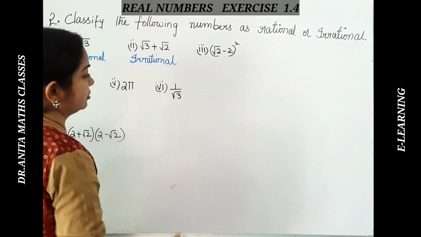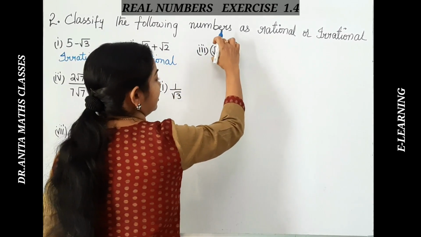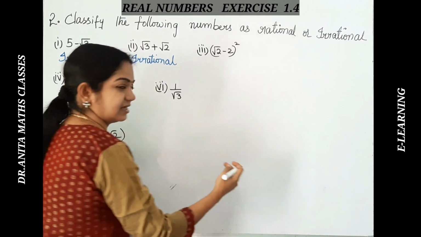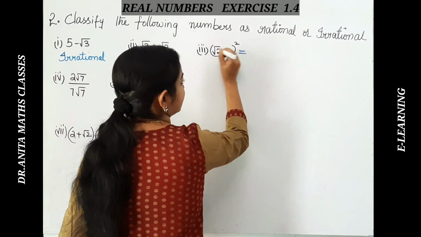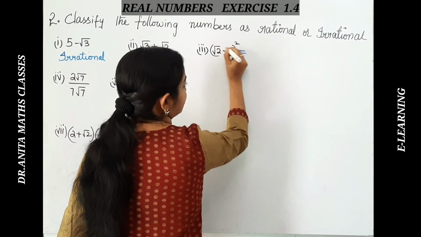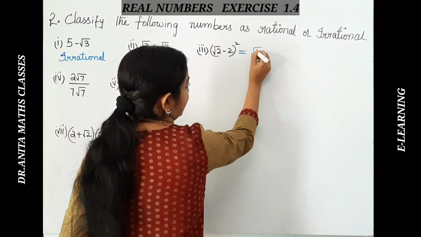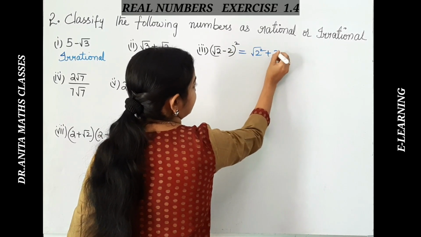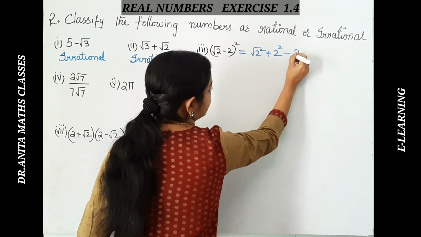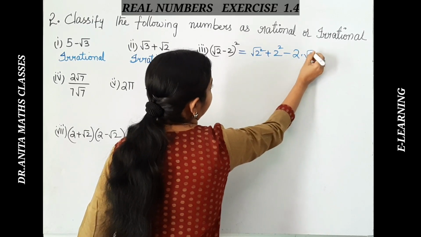Now moving on to the third one. Again a combination, and wherever a square is there, if you want you can also simplify it. A minus b whole square, where a is root 2, b is 2. So a square plus b square minus 2 into a into b.